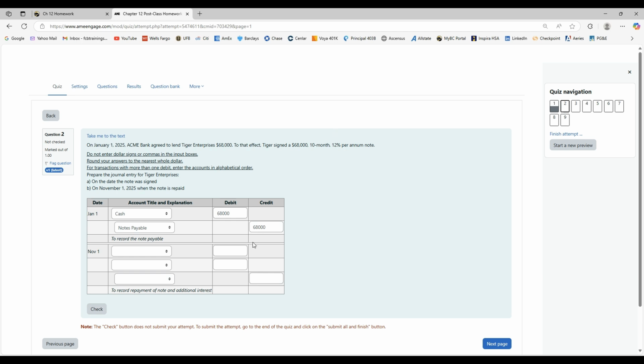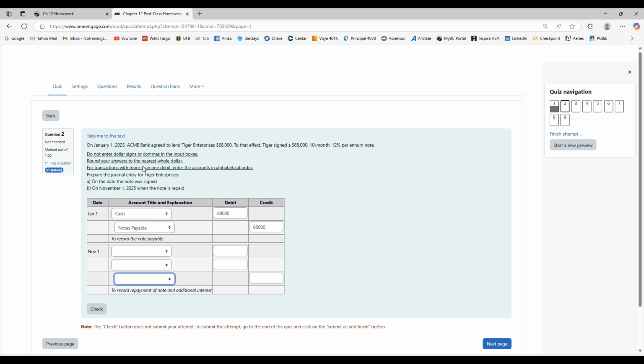So it's 10 months. So we have to take the 680 times 10. Again, 68,000 times 12% is 8,160, that's for annual. Divide that by 12, gets 680 per month. And then multiply that monthly amount by 10 to get the total amount that we would have to repay, basically, right?